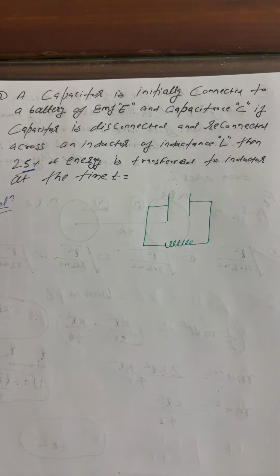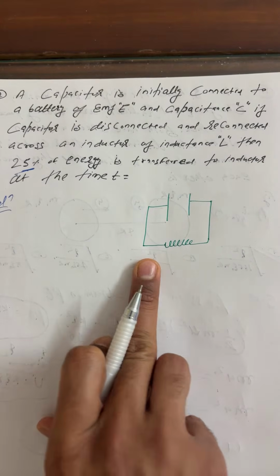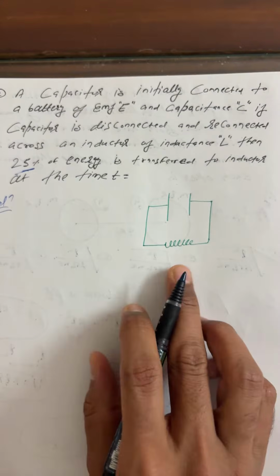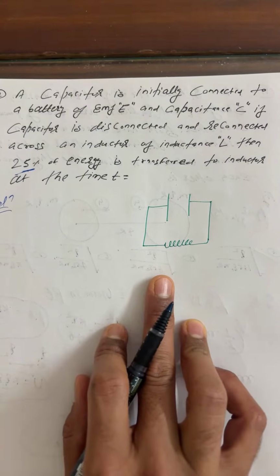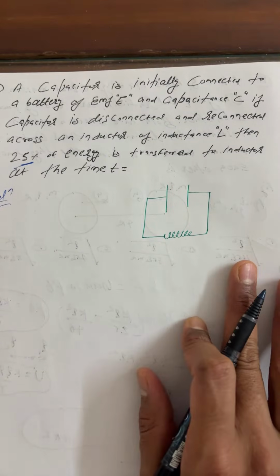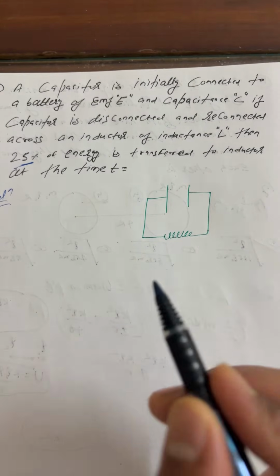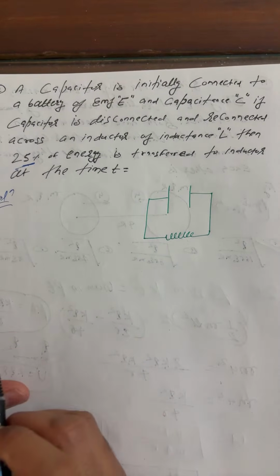Here I'll apply the concept of alternating current. It is especially designed for alternating current. There is just the name of a capacitor, but basically the question is dedicated to alternating current. I hope you got my point.